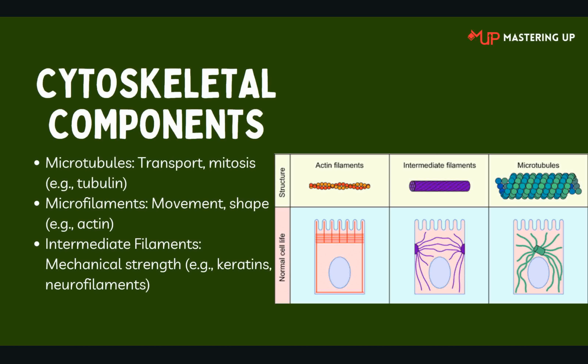Finally, the intermediate filaments, such as the keratins in skin cells or the neurofilaments in neurons, provide mechanical strength. They help cells withstand stress and maintain their integrity. Together, these three components create a supportive and dynamic framework that allows the cell to function and respond to its environment.